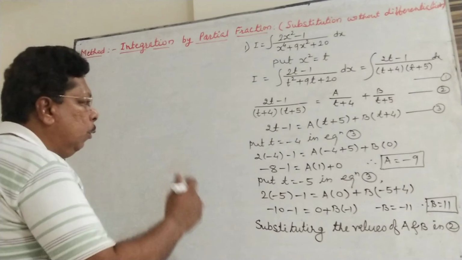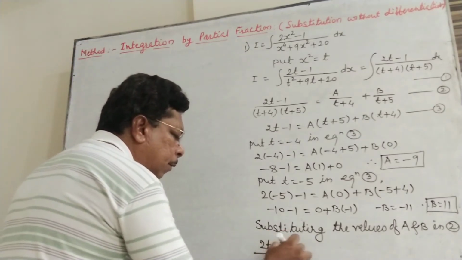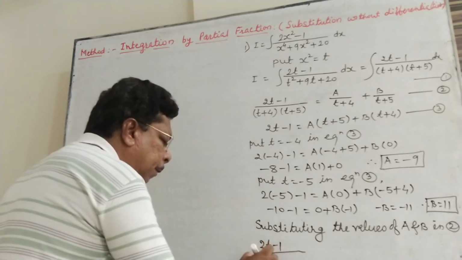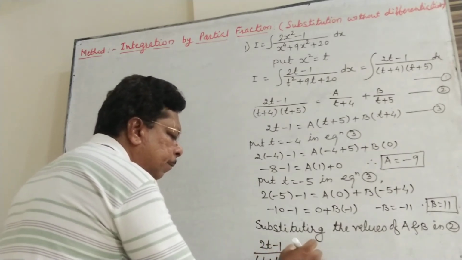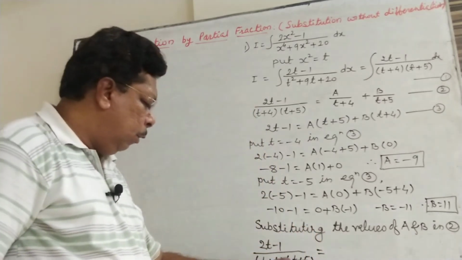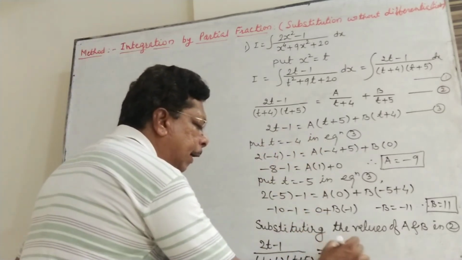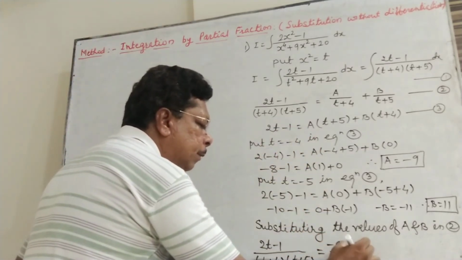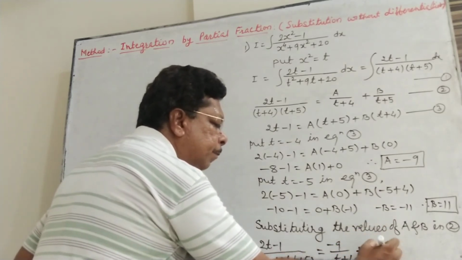So equation 2 becomes (2t minus 1) upon (t plus 4)(t plus 5) is equal to a upon (t plus 4). What is a? Minus 9. Minus 9 upon (t plus 4) plus b, which is 11, upon (t plus 5).